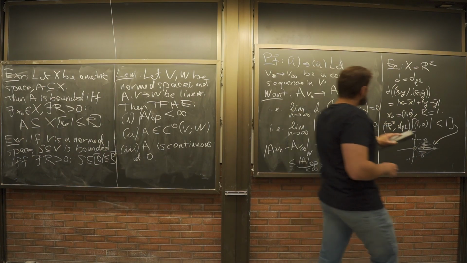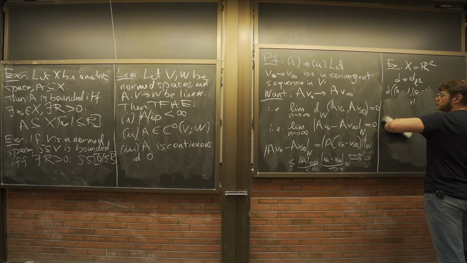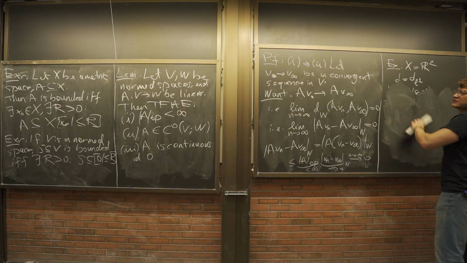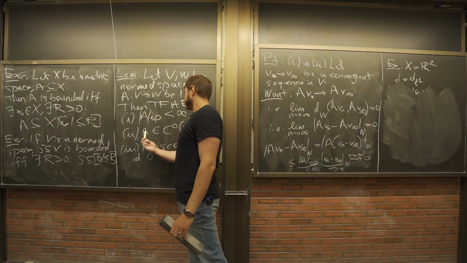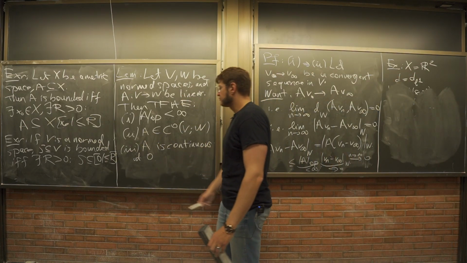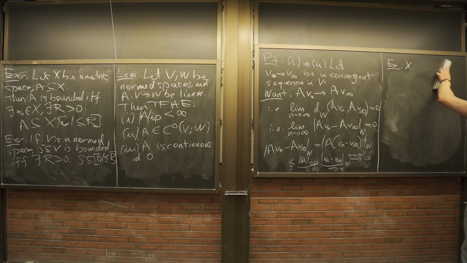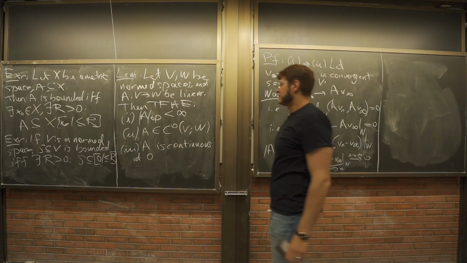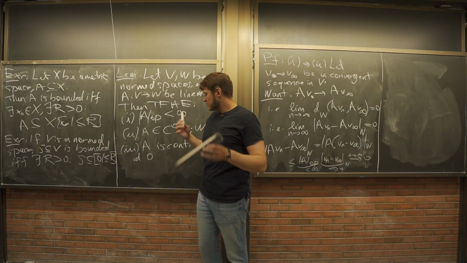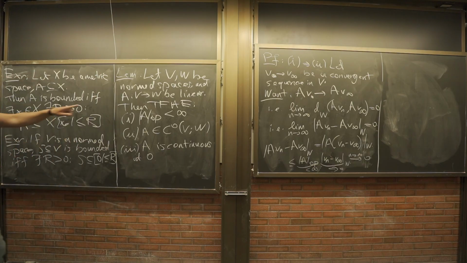Okay, so we showed 1 implies 2. 2, of course, implies 3 because continuity, literally by definition, is saying that it is continuous at any point. In particular, it is continuous at 0. So now we need to show that if I have a linear transformation A that is continuous at the origin, at the 0 vector, then in fact its operator norm is bounded.